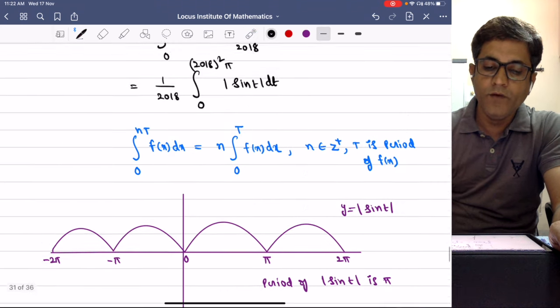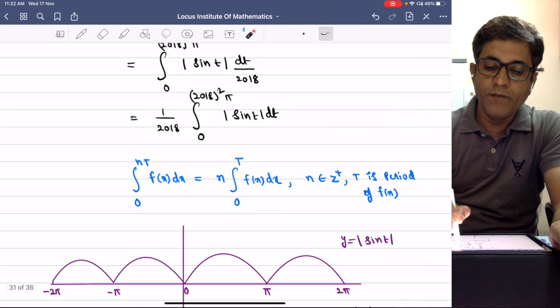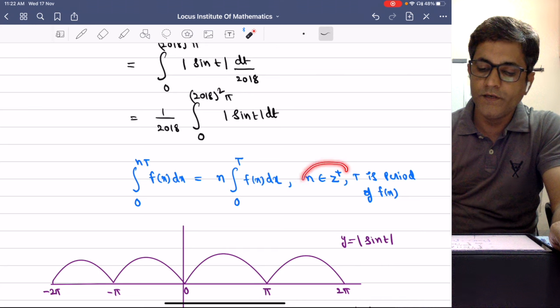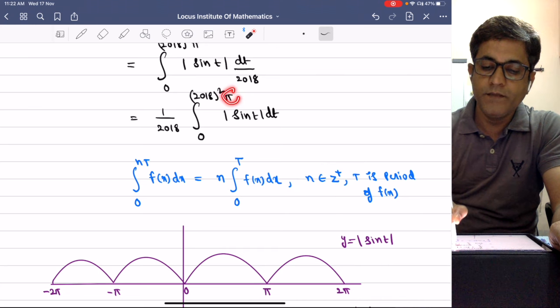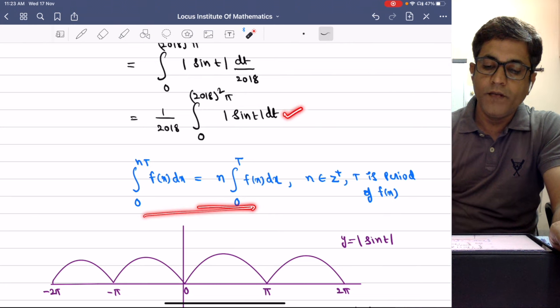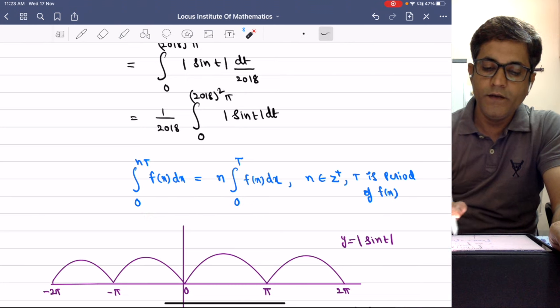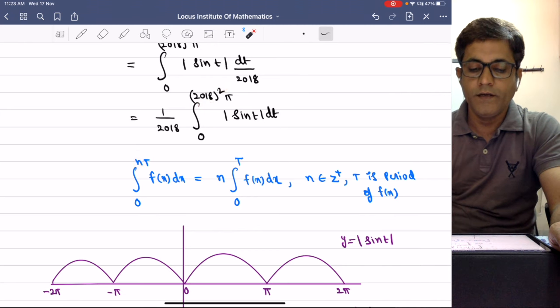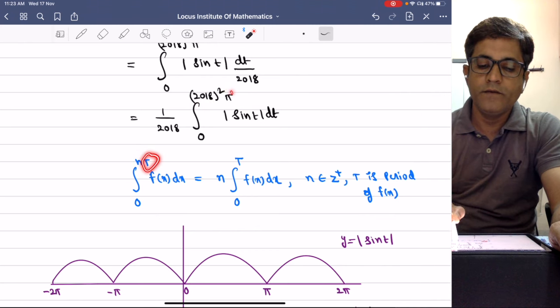Now if you observe the question, here 2018 squared is a positive integer and π is the period of the function. Therefore, you can use this property over here. In place of n, 2018 squared is there, and in place of T, π is there.